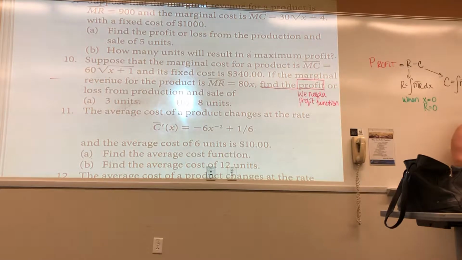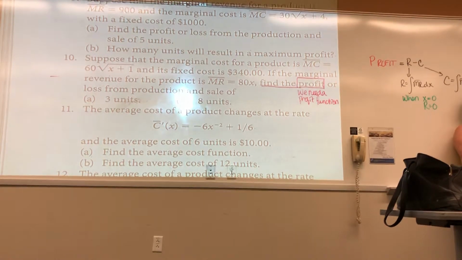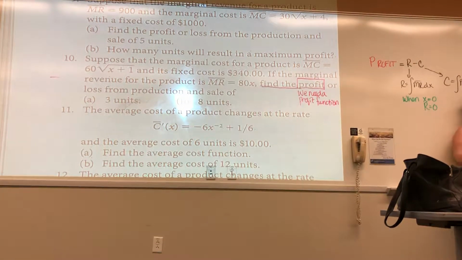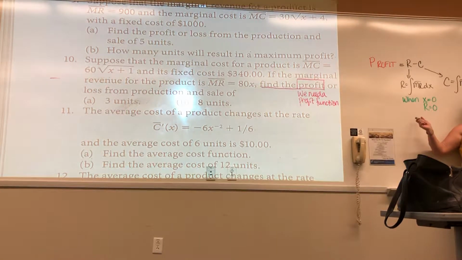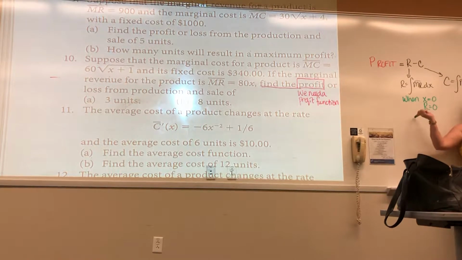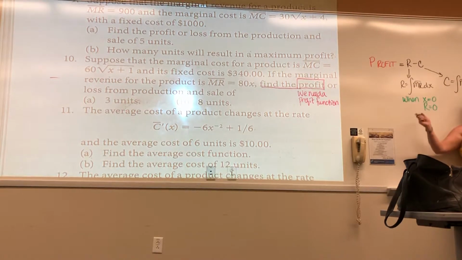Who said that? Tell me why revenue is 0 when X equals 0. Because if you're not selling anything, you're not making any money. That's right. If you're not selling anything, guys, you're not making any money. This is common sense. When you build 0 things, how many dollars are you bringing in? None. Okay? I told you, this is your revenue nugget forever and always, amen. It's always true. So anytime you get a revenue function, you're going to use this. Now, what's my cost nugget?